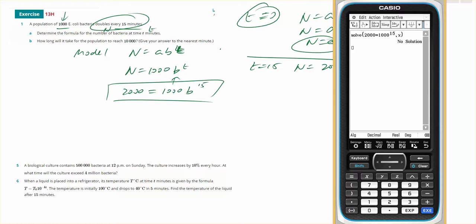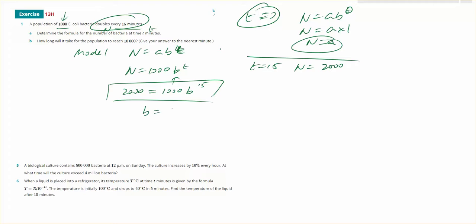I need to put an x here. When I solve this, I get b equals 1.047. Now, once I've got my b value, I can fully write down my rule.